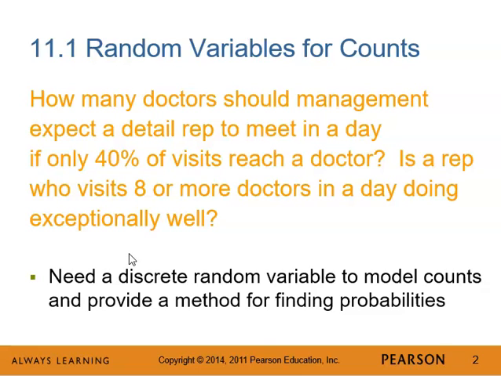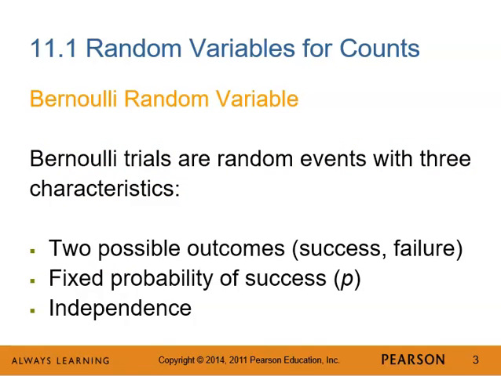We need a discrete random variable to model counts and provide a method for finding probabilities. One of these random variables is called the Bernoulli random variable. Bernoulli trials are random events with 3 characteristics.